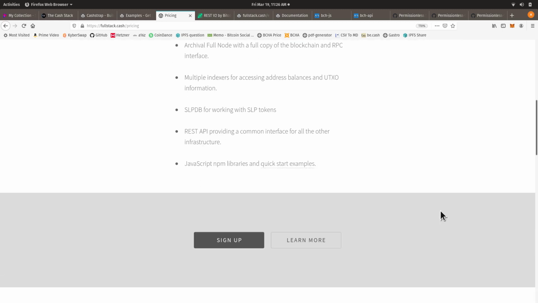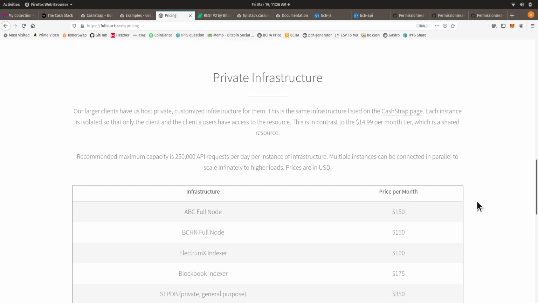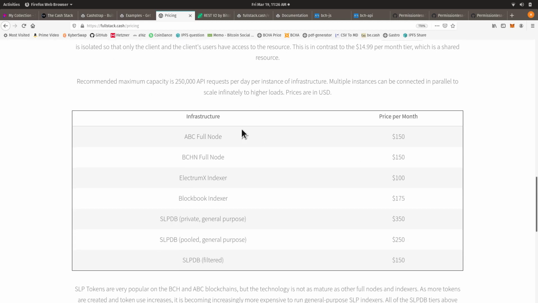That's ultimately the problem that the rate limits solve. It keeps everything fair. And then for larger customers, for small businesses and enterprise customers and everybody in between, we run dedicated infrastructure, and the footprint that we recommend there is 250,000 requests per day for one stack, and then you can scale horizontally with multiple stacks.